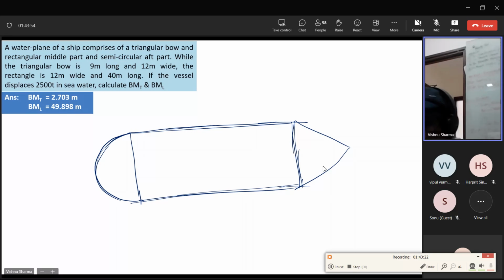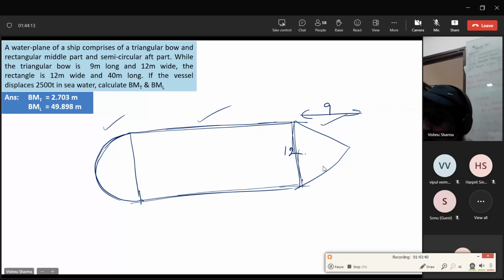Read the question, beta. A waterplane of the ship comprises a rectangular middle portion and a semicircular aft, while the triangular bow is 9 meters long, so this is 9, and 12 meters wide. The rectangle is 12 meters wide and 40 meters long.